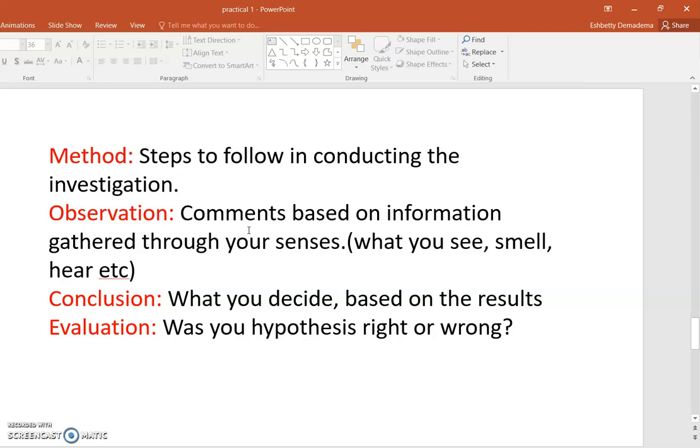And then you have your evaluation, where you ask the question, was my hypothesis right? Was my guess right? Some of you will have the right guess, some of you will have the wrong guess. There's nothing wrong with that. You will not lose a mark for getting your hypothesis wrong. And then if you had to do the experiment all over again, what would you do? That is what evaluation is all about.